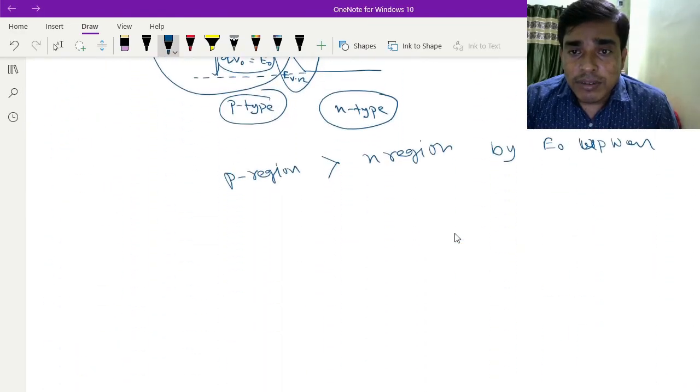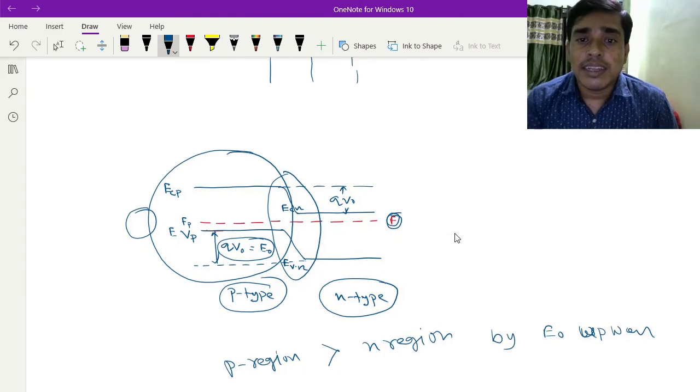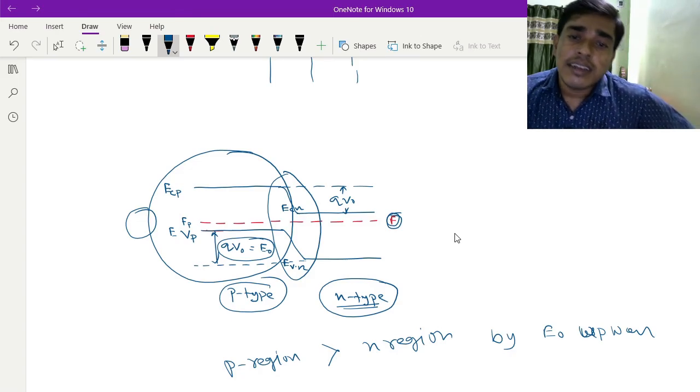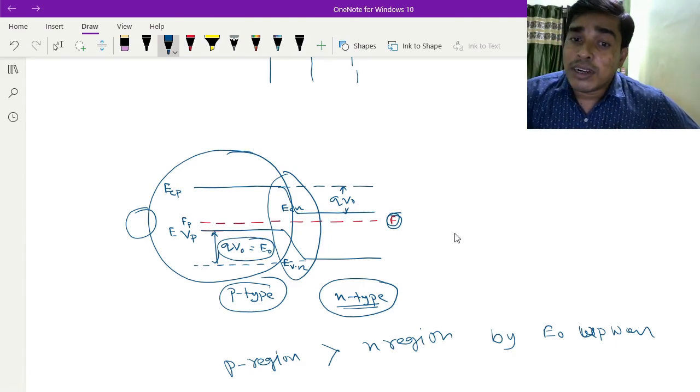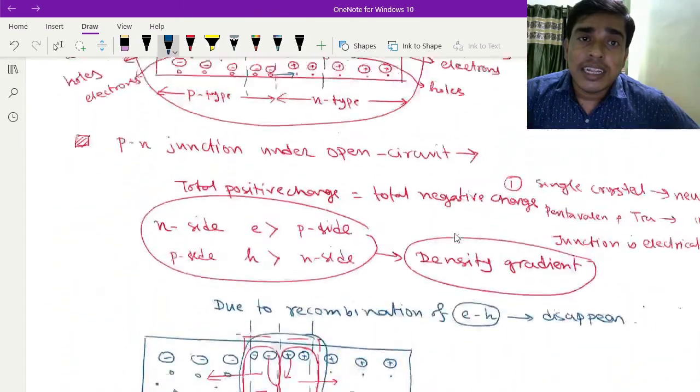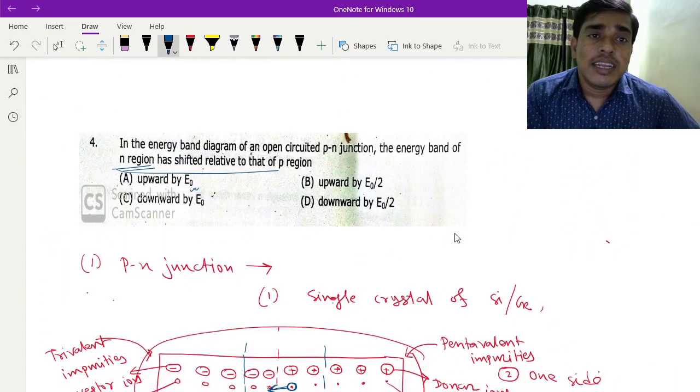So the N region is shifted relative to the P region, so it is downward. It will be downward. Okay, downward for the N region. Okay, the P region is greater than the N region by E0. That will be upward. But here we are asked, in the energy band diagram of open circuit, the energy band of the N region has shifted relative to the P region by E0 downward.